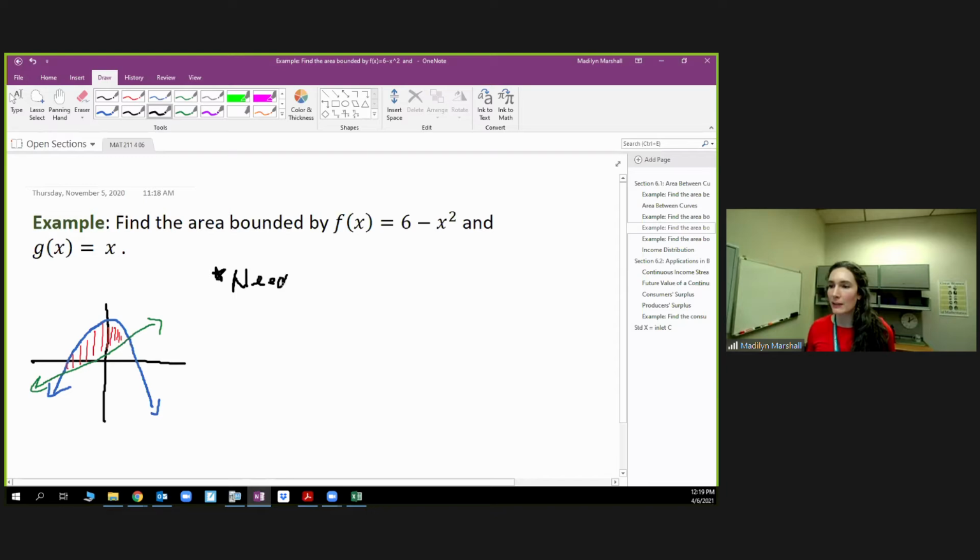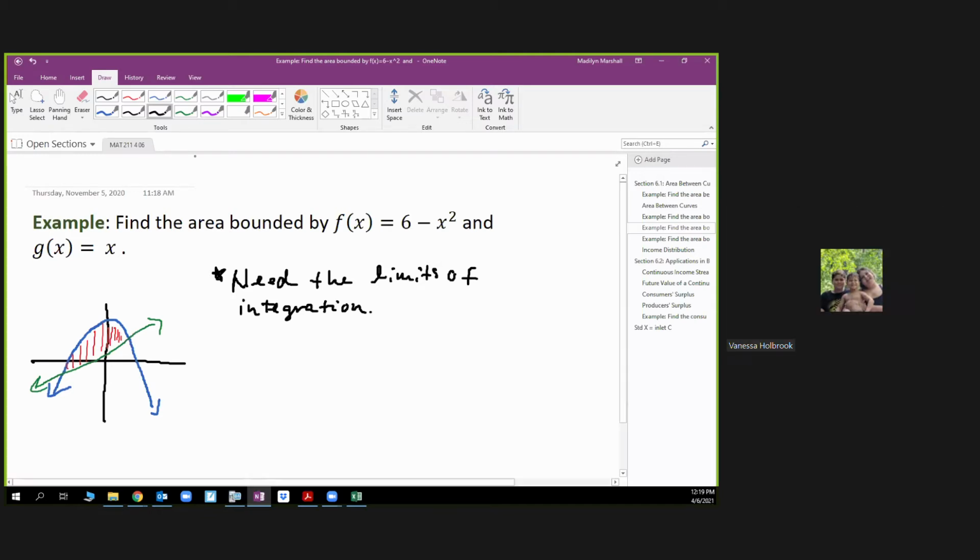So we need to find the limits of integration. Which just means when we do our little integration squiggle, what number are we starting at and what number are we ending at, which will be these two intersections. So -3 and 2. That sounds right.